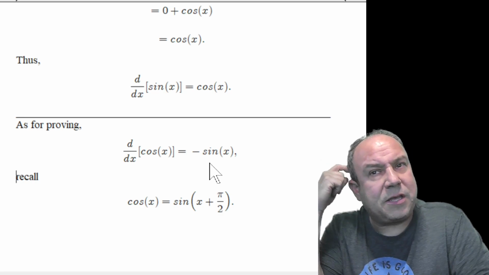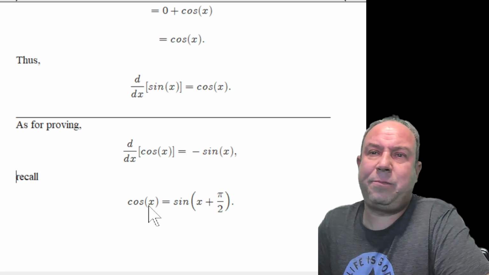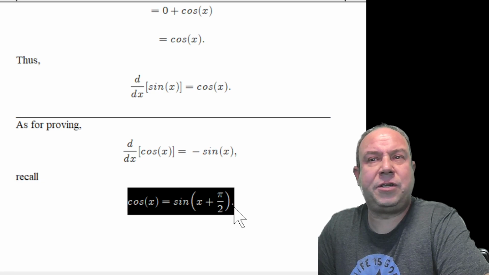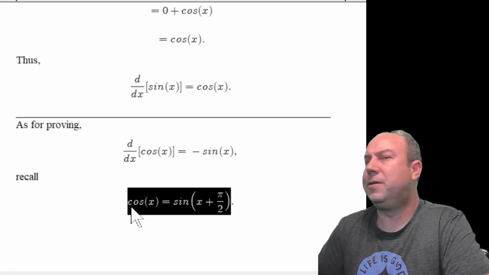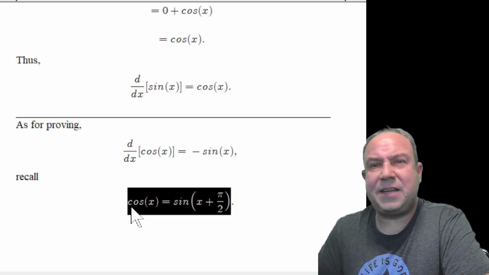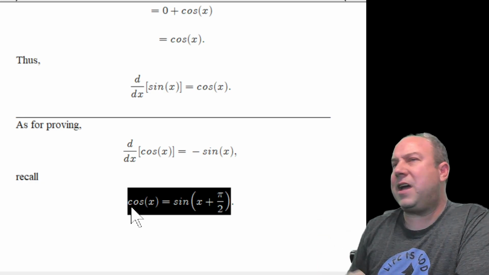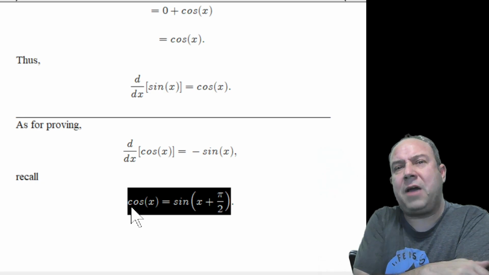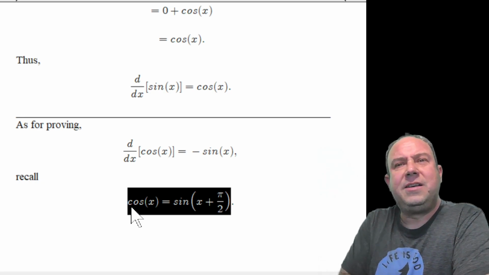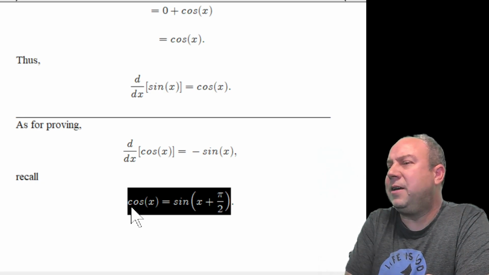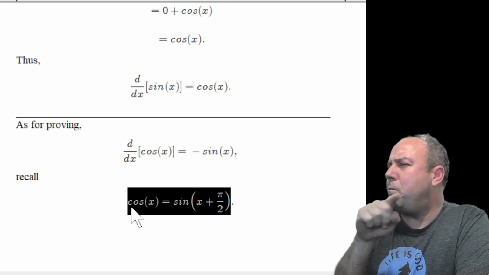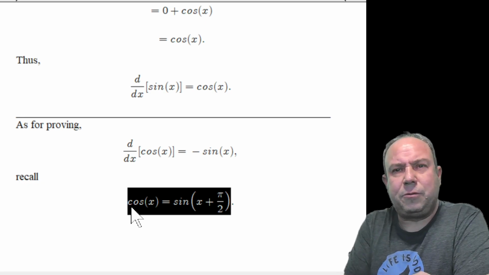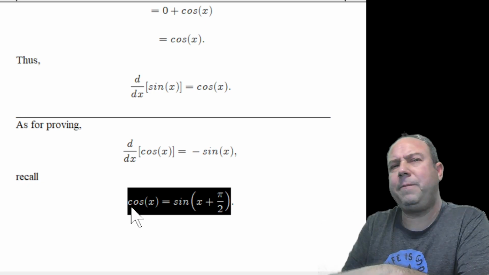And when we think about the cosine of x, it really is simply the sine of x plus pi over 2. Again, this is another trig identity. This is the phase shift identity, where the cosine of x is sine of x plus pi over 2, or I believe we say the sine of x is the cosine of x minus pi over 2.